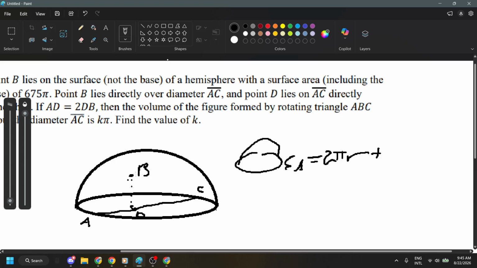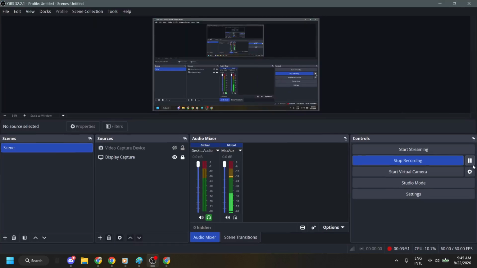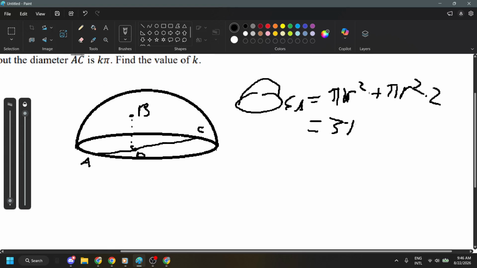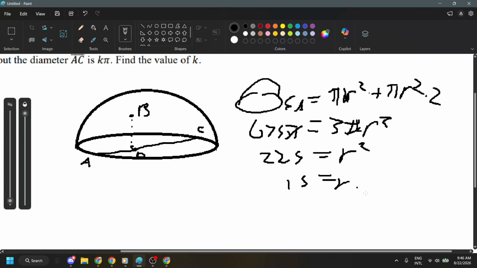So this should be 2 pi r squared, but let me check. Yeah, oh shoot, the bottom is not 2 pi r, this is pi r squared. And the entire sphere is 4 pi r squared, so the curved part is 2 pi r squared. So the entire thing is 3 pi r squared is equal to 675 pi. So cross those out, then we get 225 is equal to r squared, so 15 is equal to r.